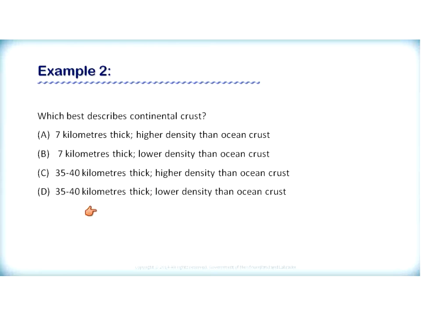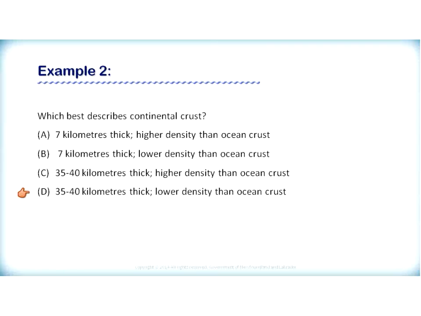So the first thing we need to do is identify if the continental crust is thicker or thinner in relation to the ocean crust. From the diagrams that we previously looked at, we know that the ocean crust is thinner and the continental crust is thicker. So therefore our answers should be limited to answer C or answer D.